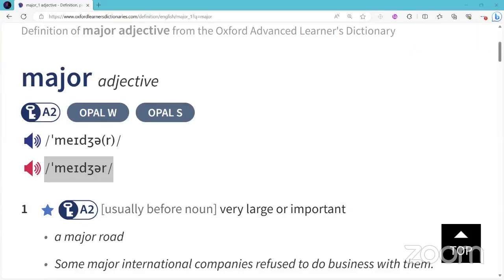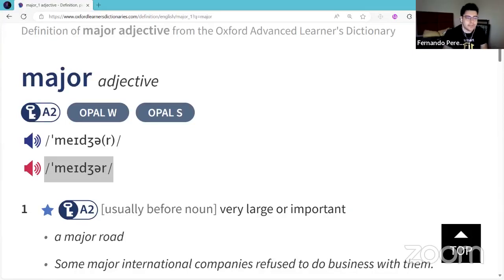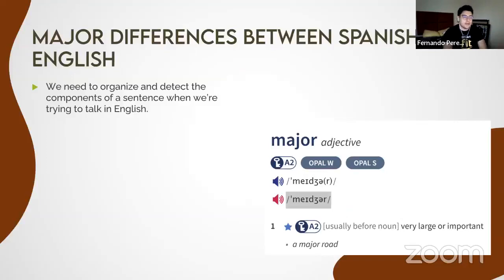Good. We are going to talk about some major differences that are very important when we are learning English as a second language. Because when we speak English, we need to avoid this specific. Well, we can create mistakes, you know.